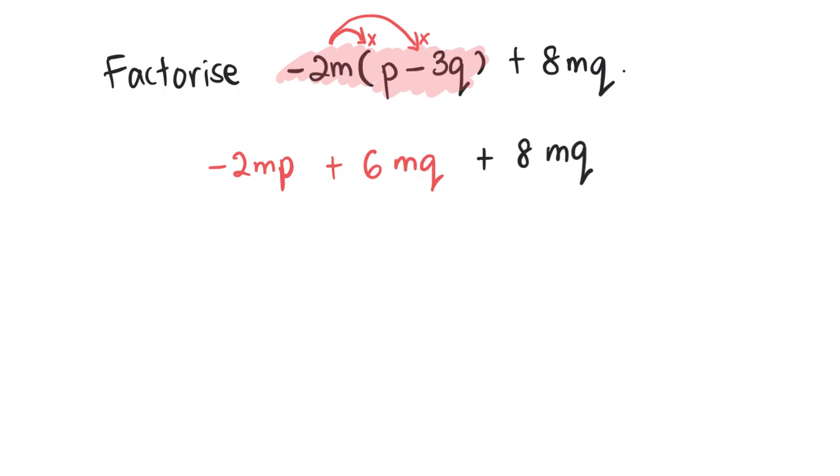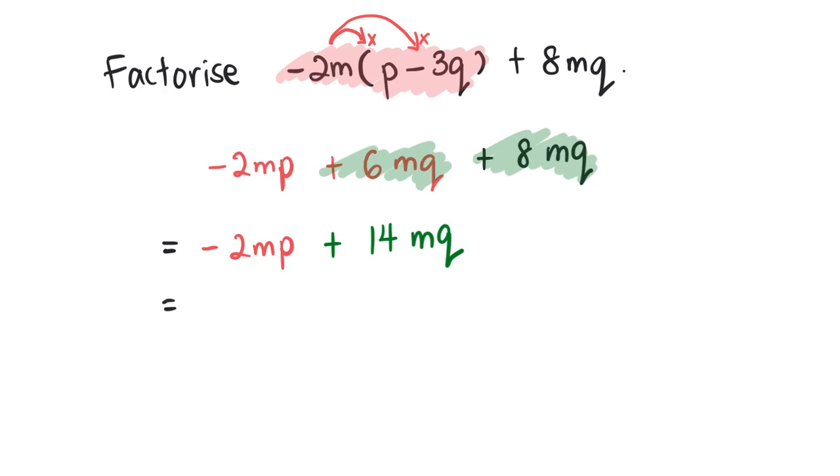And then I saw that I could simplify the like terms, mq. So this will be equals to my negative 2mp, 6 plus 8, 14mq. And lastly, let's start to factorize. And you would see me writing this down.